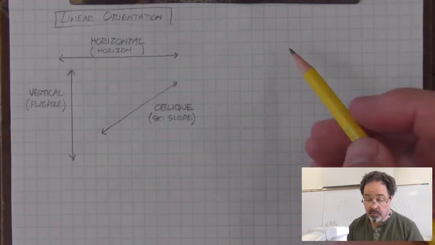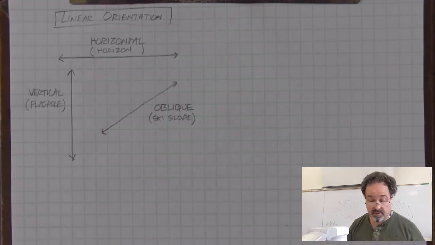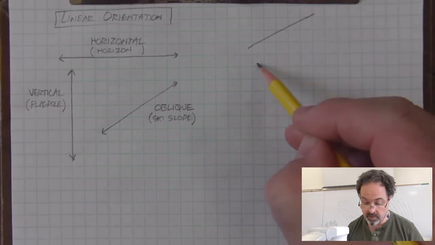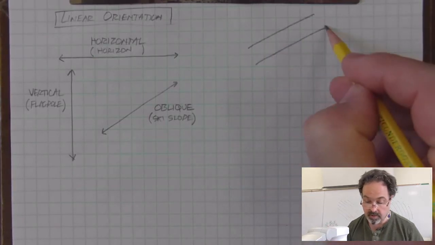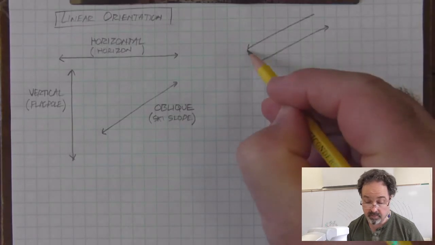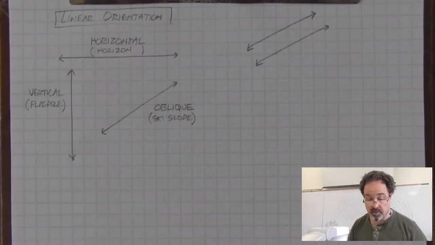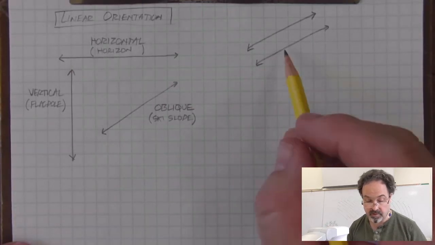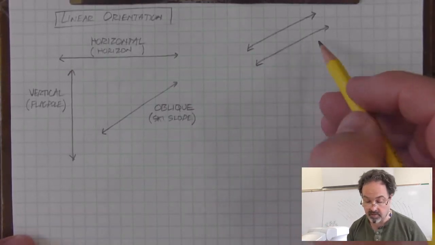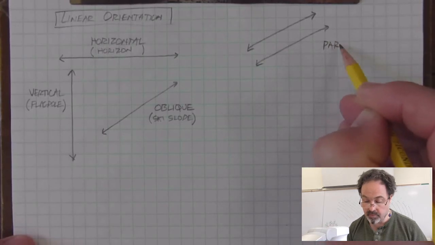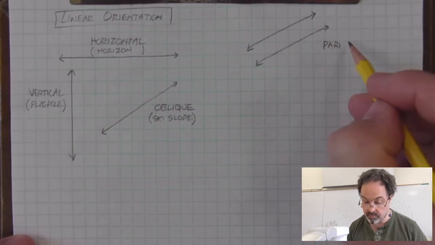The next two terms are for lines that share a relationship with one another. In other words, two lines, they could be oblique or vertical or horizontal, but if two lines never intersect and they are side by side, then they are said to be parallel, and they are parallel to each other.